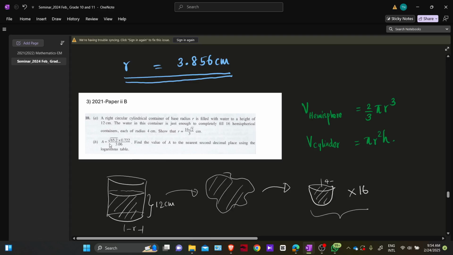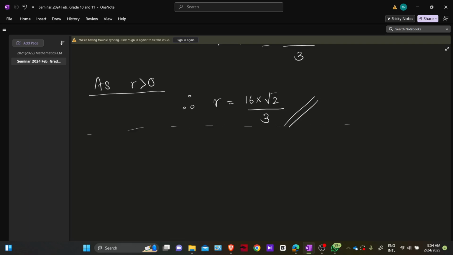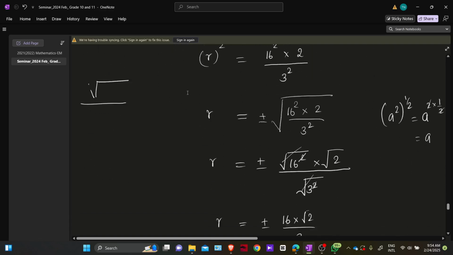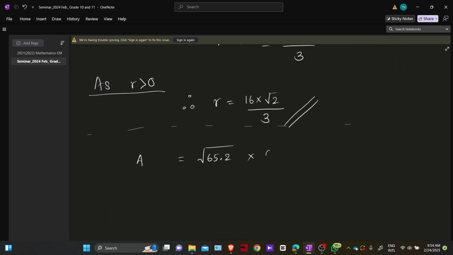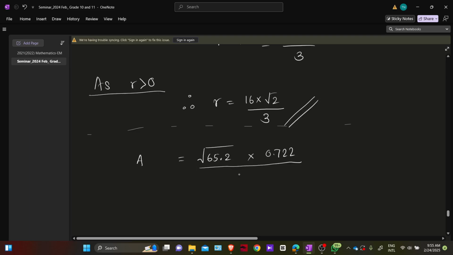There's a logarithmic part, part B. A equals 65.2. Now I'm going to use logarithms. (65.2) times 0.722 over 3.06.